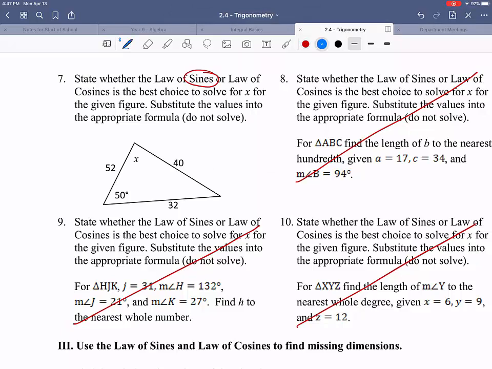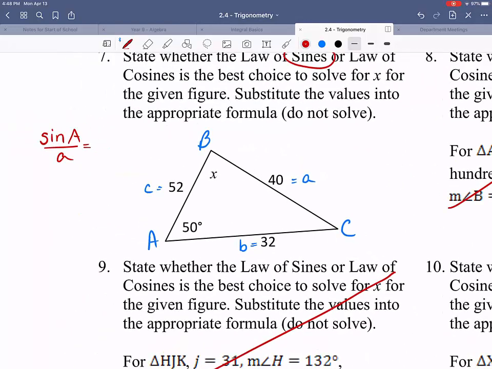Let's go ahead and label this triangle. I'm going to call this A and B and C. This is side A, side B, and side C. So since it's law of sines, how do you know which ones to use? You always use the one where you know the angle and opposite side. So this would be sine of A over A equals, which one am I looking for?